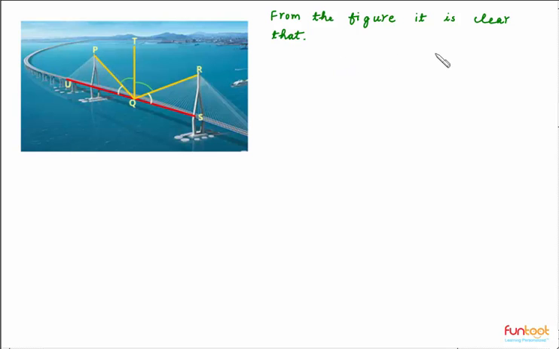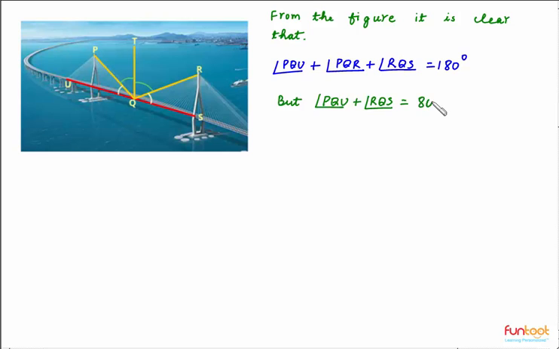From the figure, it is clear that angle PQU plus angle PQR plus angle RQS is equal to 180 degrees, but it is given that angle PQU plus angle RQS is equal to 80 degrees.